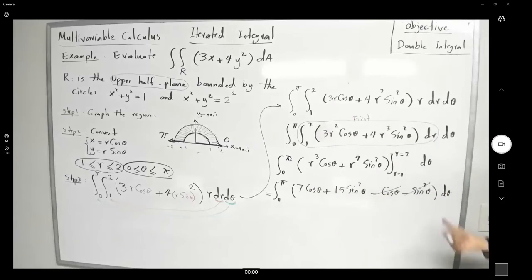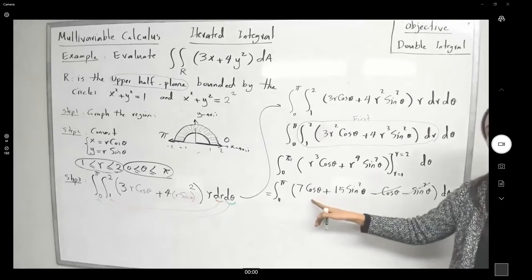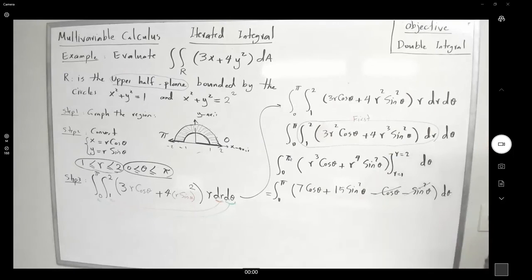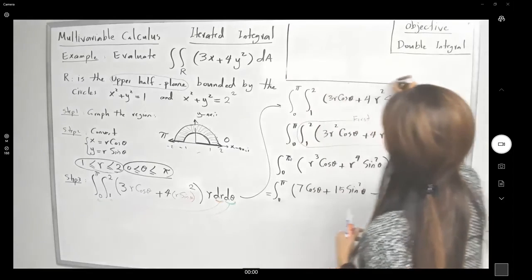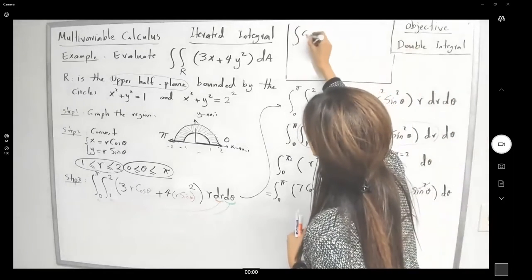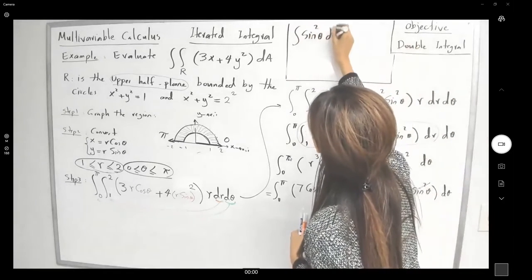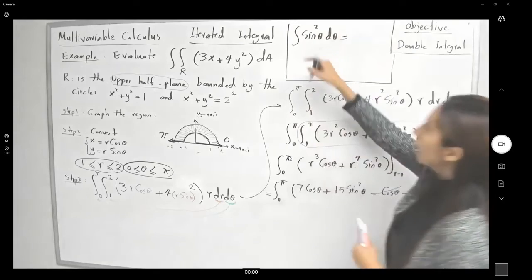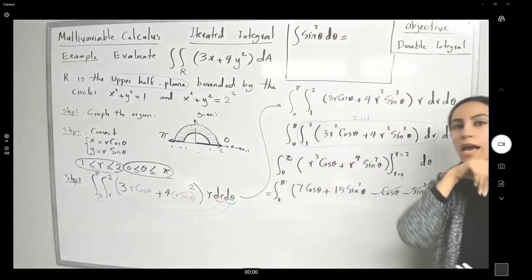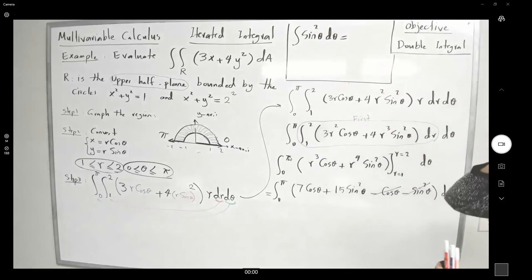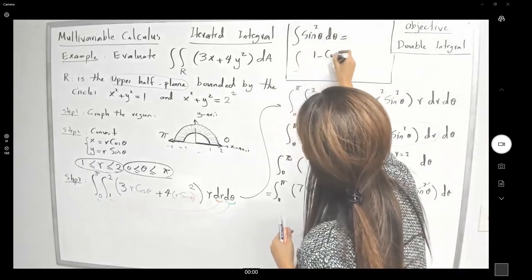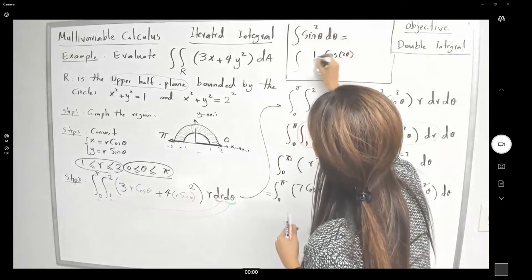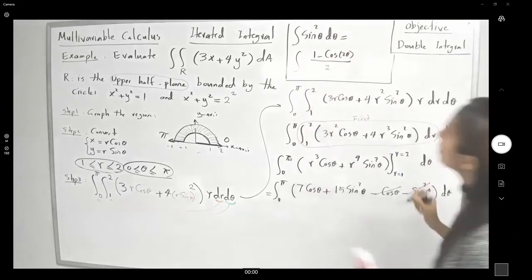Well, now we are taking the integral with respect to theta. Cosine is not very hard, but what about sine squared? So remember that. To find the integral of sine squared theta d theta, first you have to use half angle formula and convert this side. This is equal to the integral of 1 minus cosine 2 theta divided by 2.